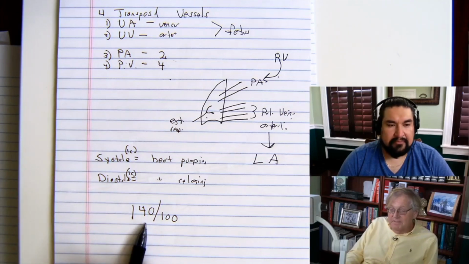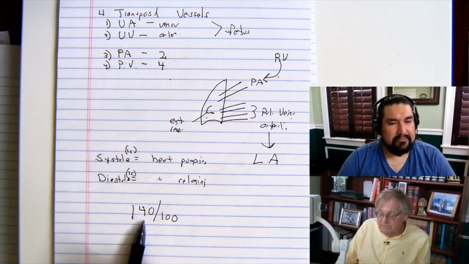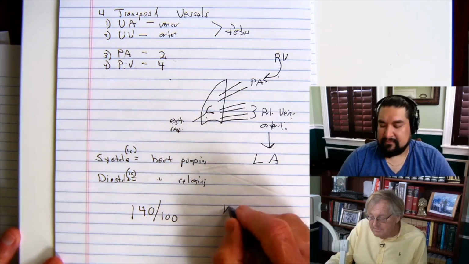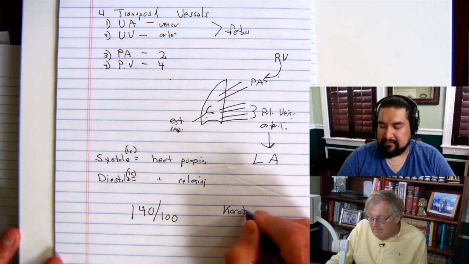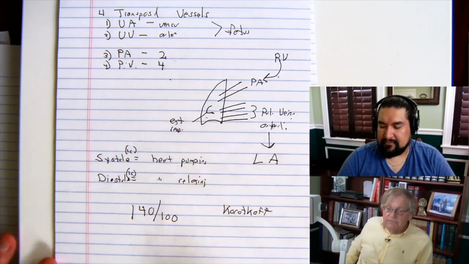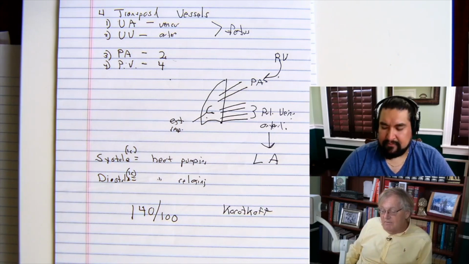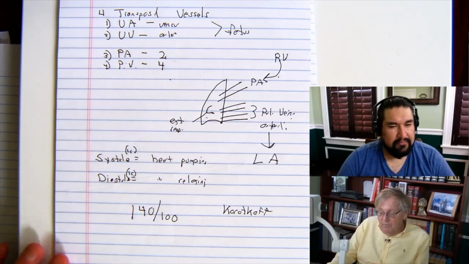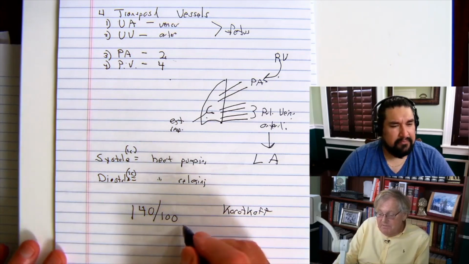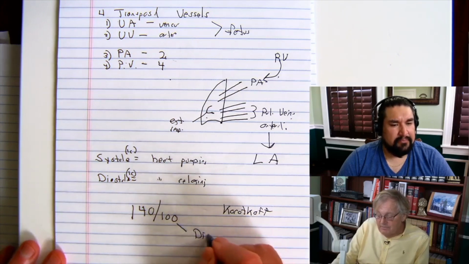So as I pumped up to 200 and released the air out of the valve, once I got to 140, I would start hearing heart sounds, and those are called the Korotkoff sounds. I would keep hearing kind of a blub, blub, blub, blub, the sound going down until they stopped. And when those sounds stopped, that would be my second number, which would be my diastolic pressure.